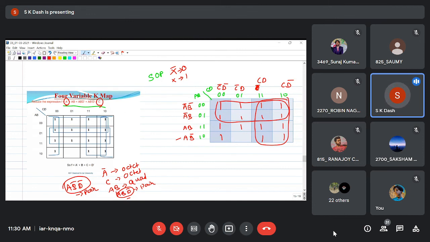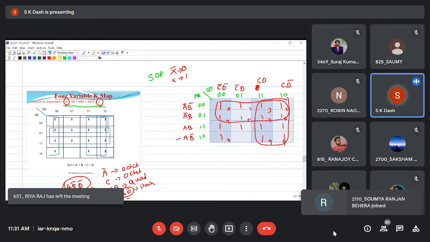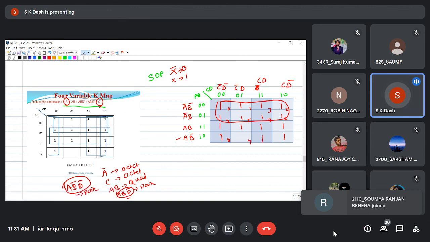That means what are the min terms? This is 0, 1, 2, 3, 4, 5, 6, 7, 8, 9. Sorry, 8, 9. One second, my mistake. This will be 8, 9, 10, 11, 12, 13, 14, 15.